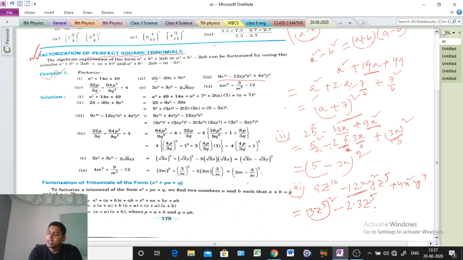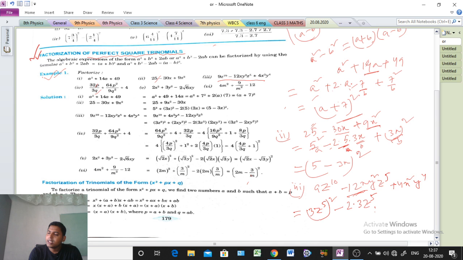See, at first square form, this one we can write, and 4 also we can write. Anyone we can write. Either 64 p square by 9q square, this term we can take first, or otherwise 4 we can take. But that 32p by 3q, that one will come in the middle. That is the 2ab form. So I'm writing at first 64 p square by 9q square.